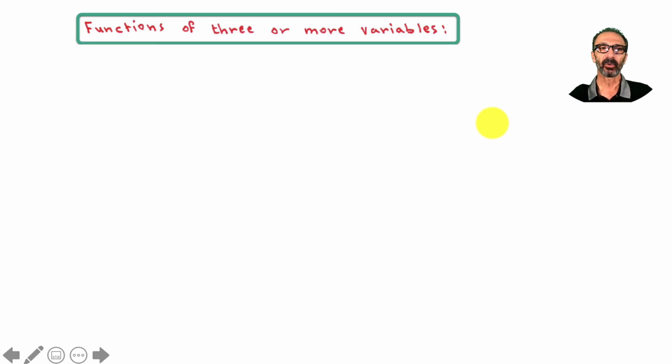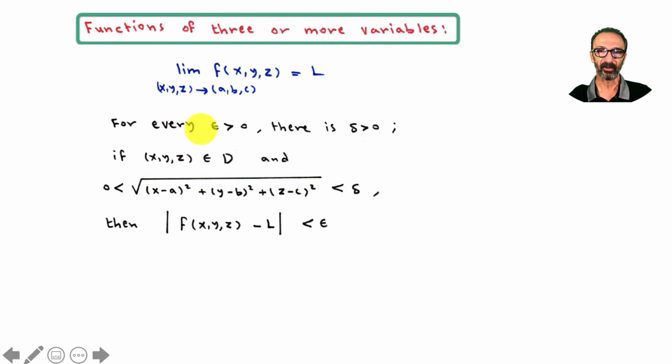Functions of 3 or more variables. The limit of f of x y z as x, y, z approaches a, b, c is L. That's interesting. For every epsilon greater than 0, there is a delta greater than 0 that corresponds to it. If your points are less than delta, or belong to the disk.